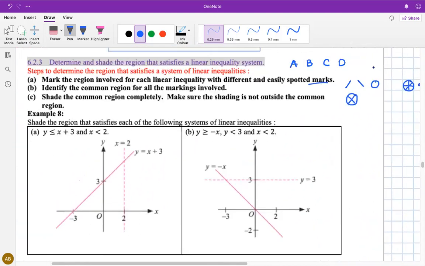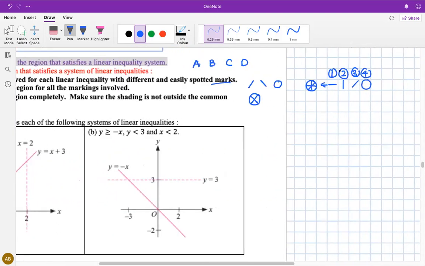So for A, B, C, D, that means I have A, B, C, D, right? The regions that satisfy all 4 inequalities will have all 4 alphabets in the regions. Then that is your solution.